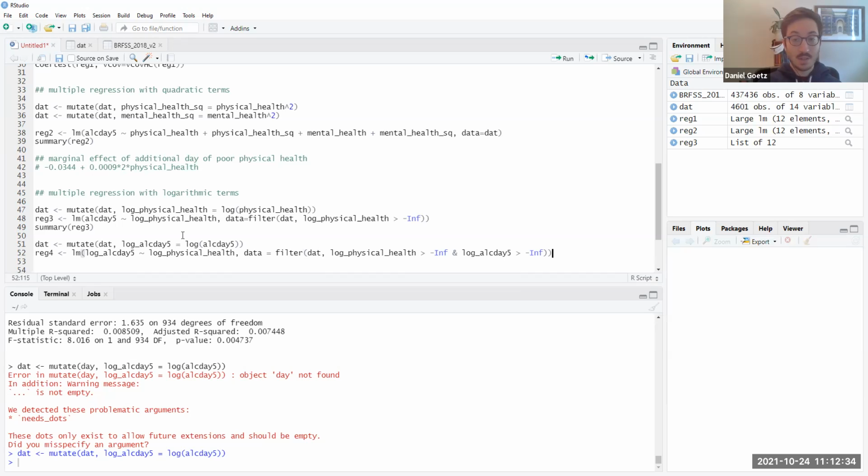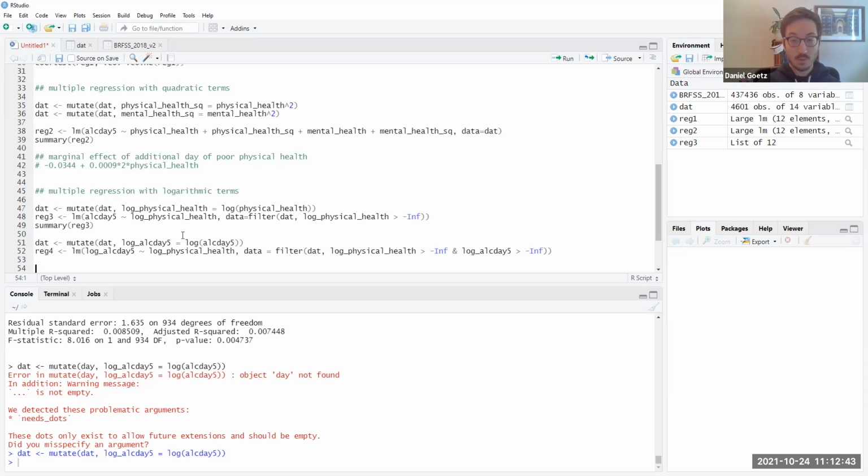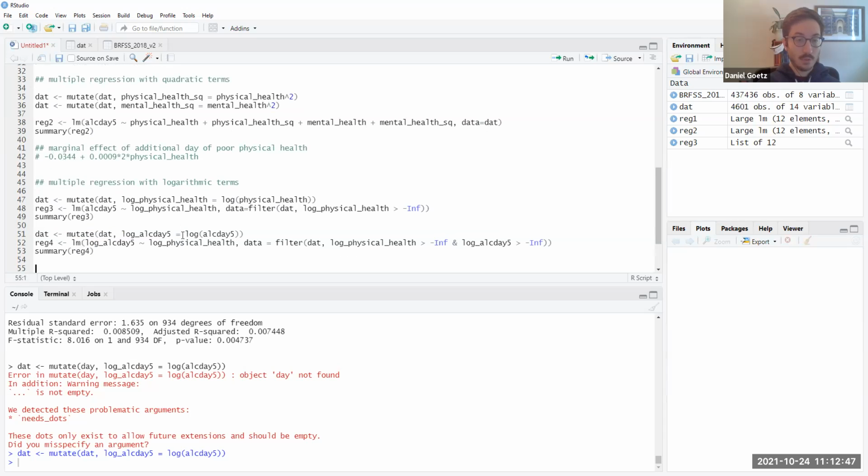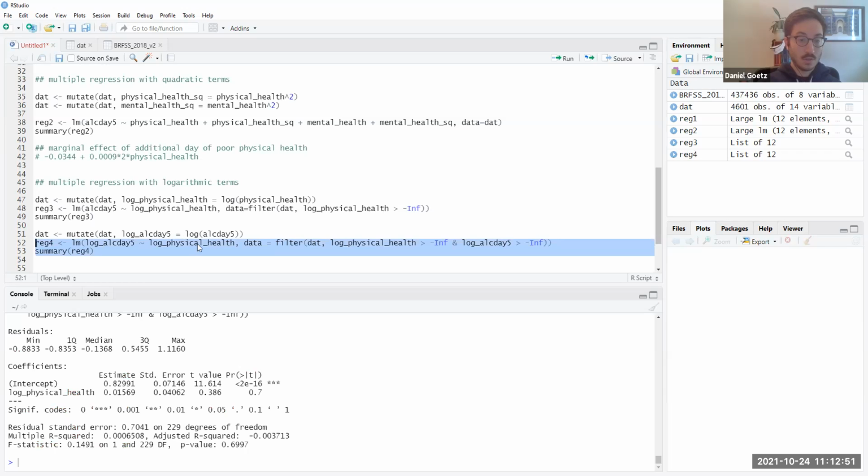We don't need to look at the data to know some people spend 0 days drinking in the past week. So there's going to be a lot of log zeros there as well. So we're going to want to do the exact same filter as we did with physical health. So we run it, and now we have even fewer observations. We only have 229 observations left once we've gotten rid of all the zeros.